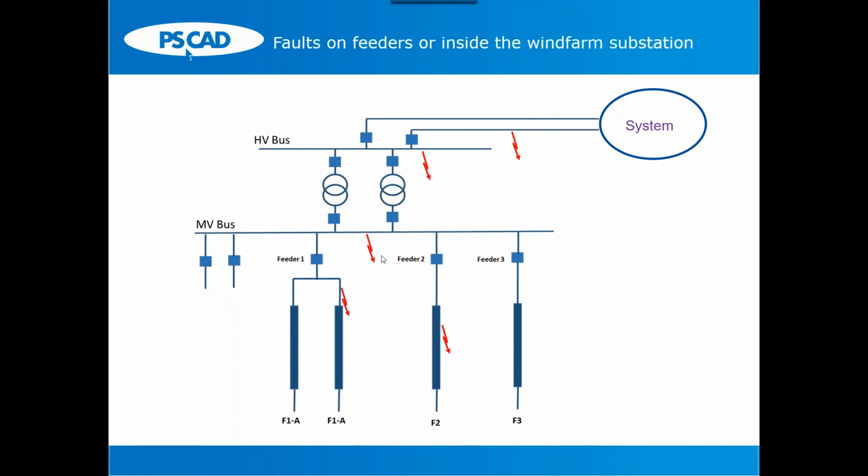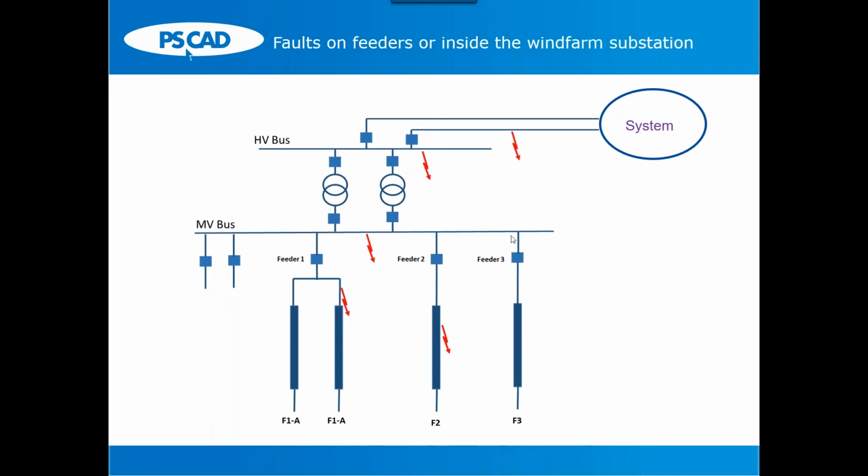On the other hand, if we have a fault at the high voltage bus, then maybe you will have to open both these transformer breakers. In that case, all wind turbines, all 3 feeders and the collector systems would be connected together but isolated from the system. Okay?